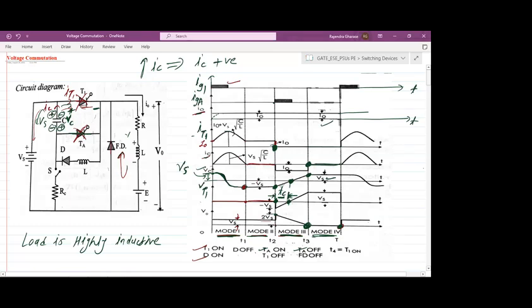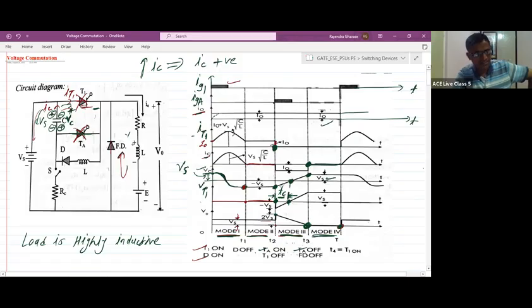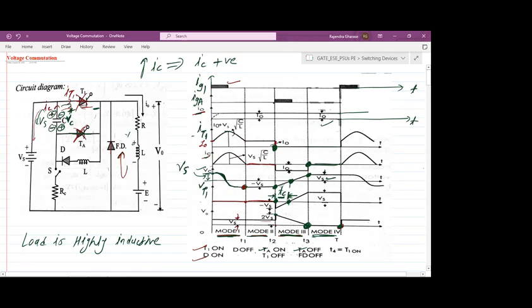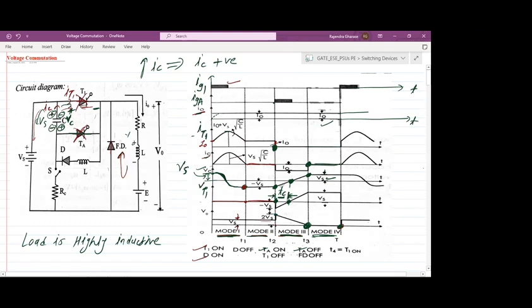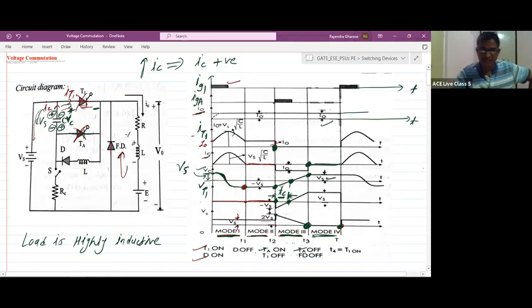The actual thing is, this RLE load means your motor load. For example, suppose you are having a DC motor, okay? In that case you have the back EMF, na? So that back EMF is nothing but this E. But here, as we have considered the load to be highly inductive, the effect of E will not be observed in the circuit operation.